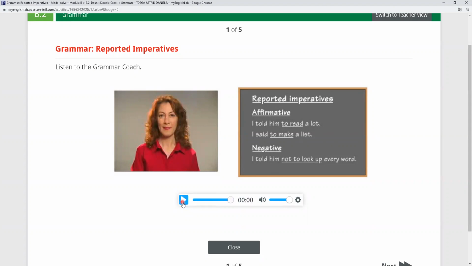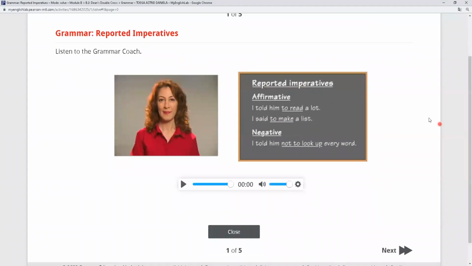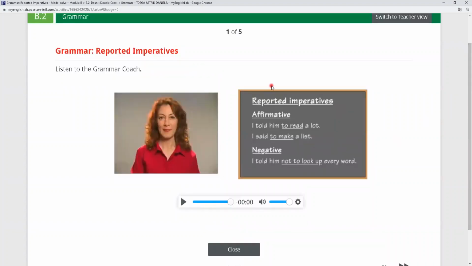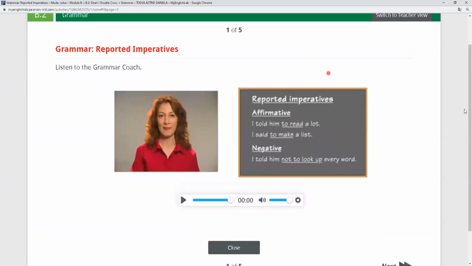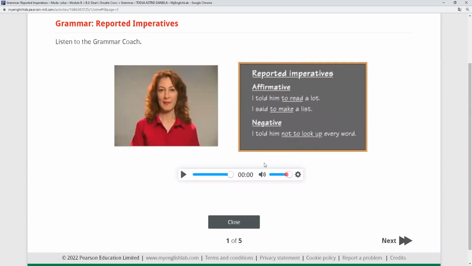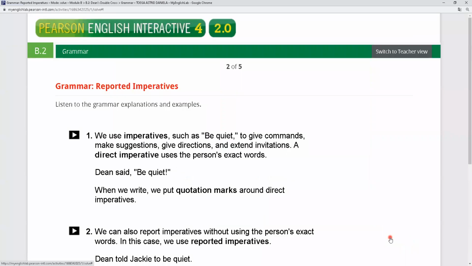Okay, so this lesson is basically about reporting. If you say something, then I'm going to report what you said. So: I told him to read a lot. I said to make a list. I told him not to look up every word.